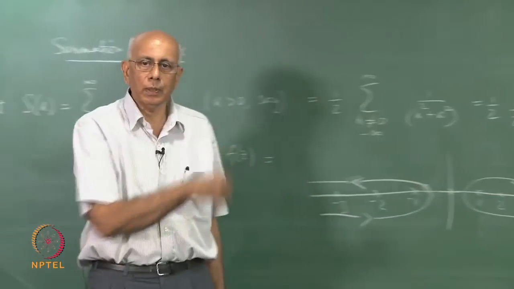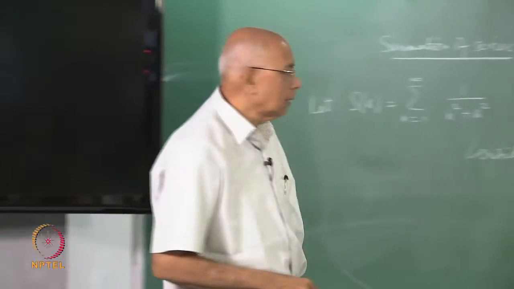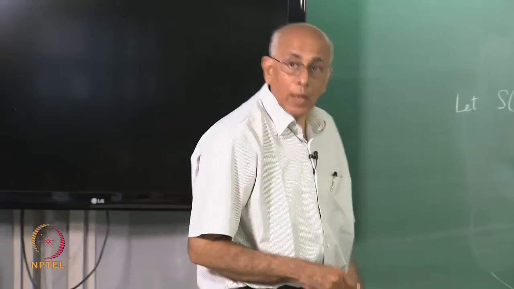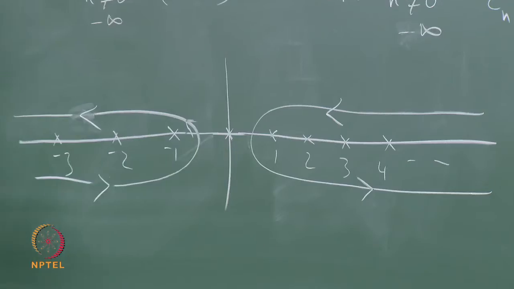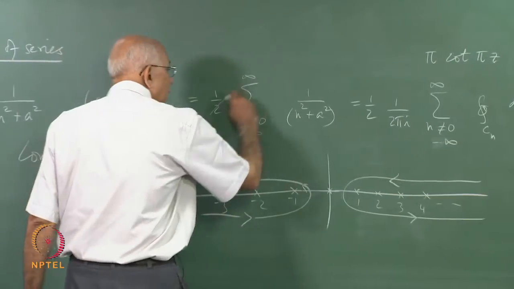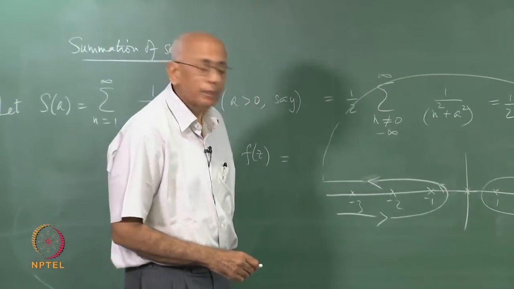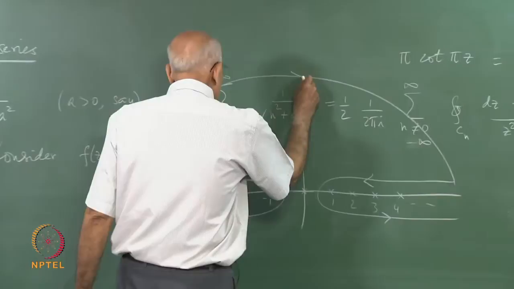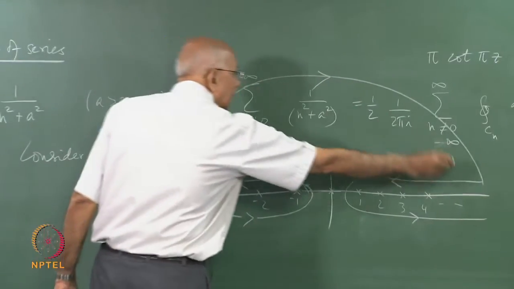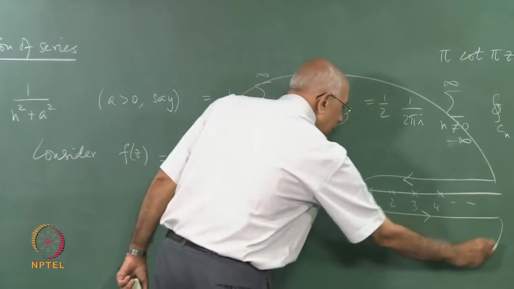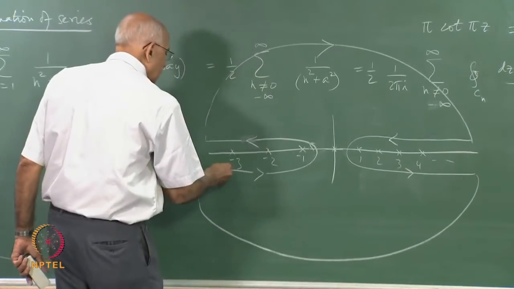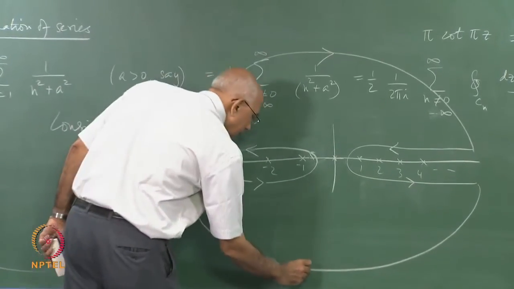Yeah, it goes in the anti-clockwise or positive sense. Okay. So now what I do is I join two pieces together, so I add that big semicircle in this fashion. So this goes out and comes back on that side, and similarly here this goes out and comes back in this direction.